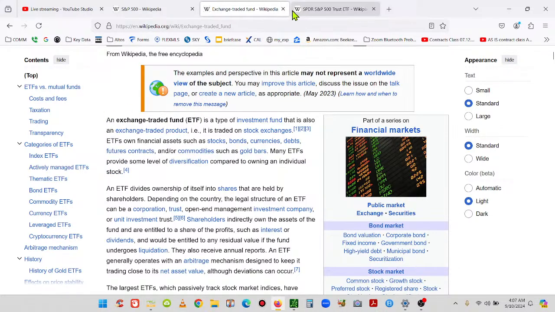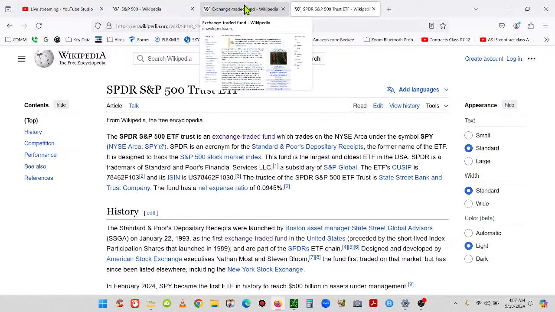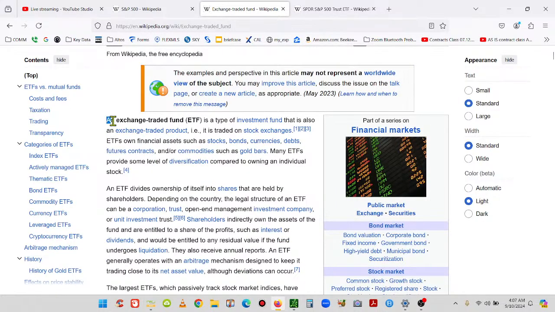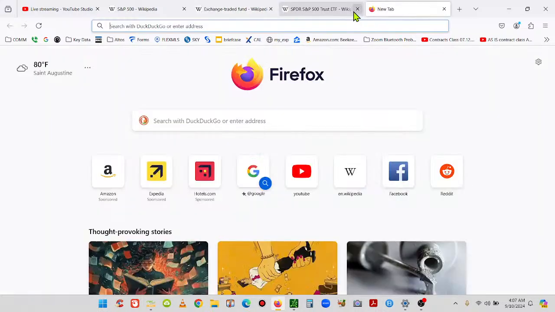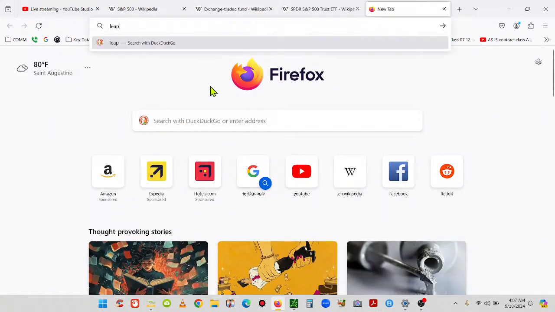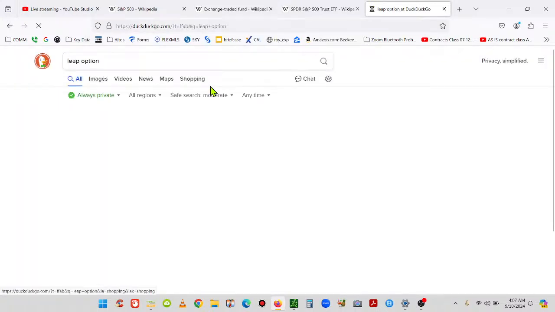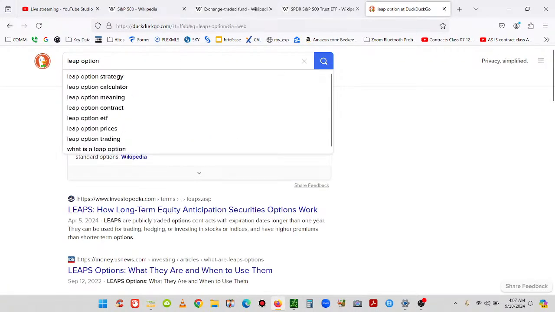Okay, that is one potential way to invest in them, by using long-term, let me see, I think the term is called LEAP options.